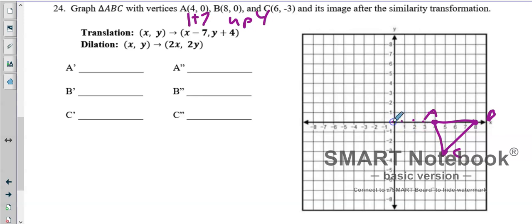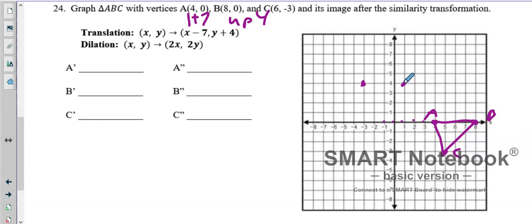1, 2, 3, 4, 5, 6, 7. Oh, sorry. That's where I'm starting. 1, 2, 3, 4, 5, 6, 7, and then up 4. 1, 2, 3, 4. And then B, 1, 2, 3, 4, 5, 6, 7, and up 4.